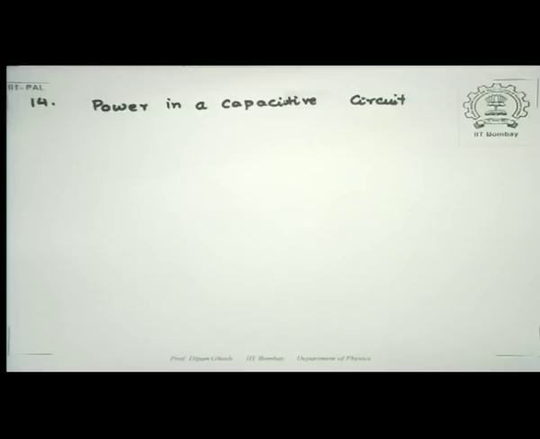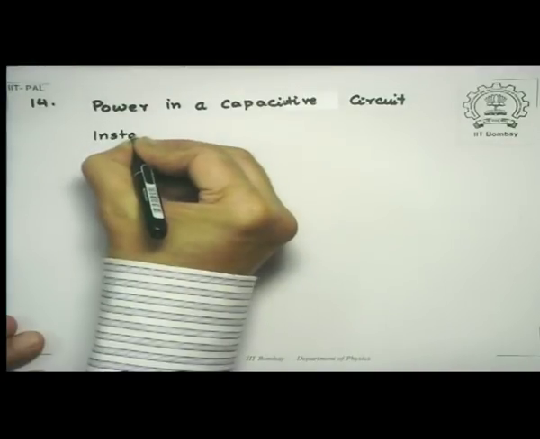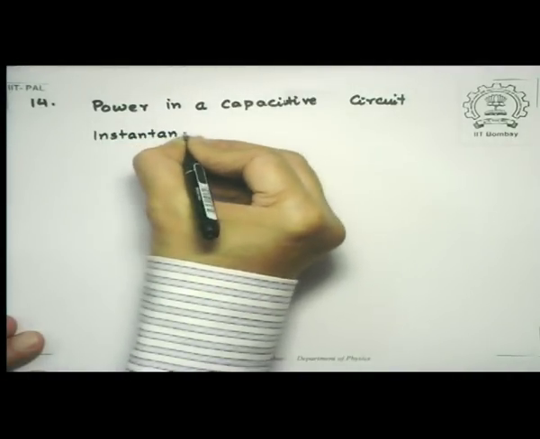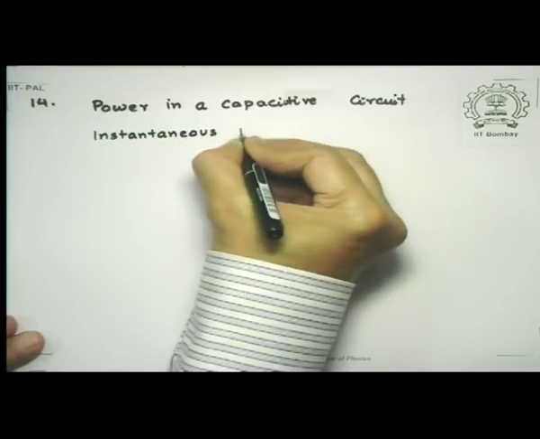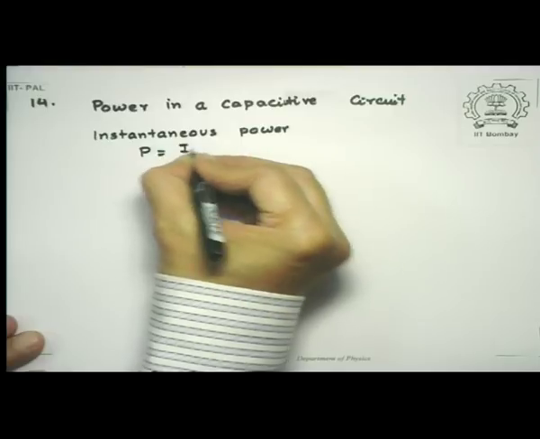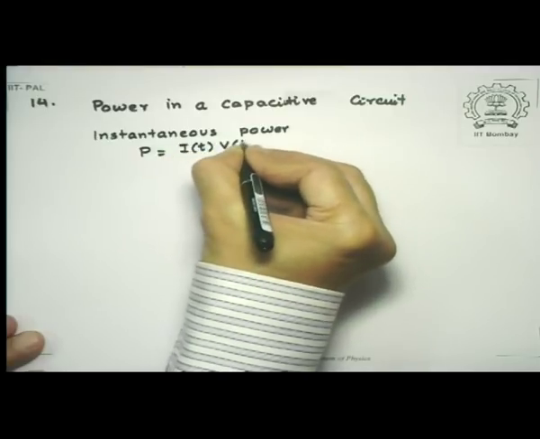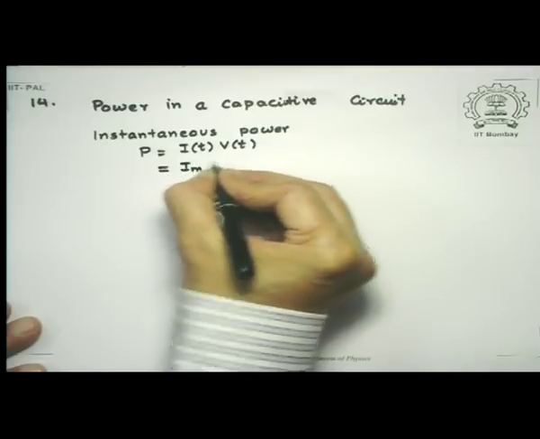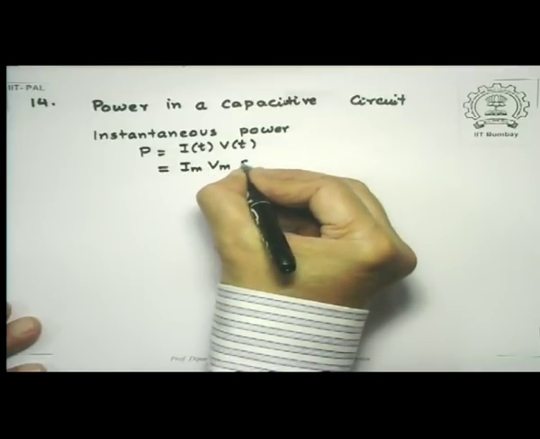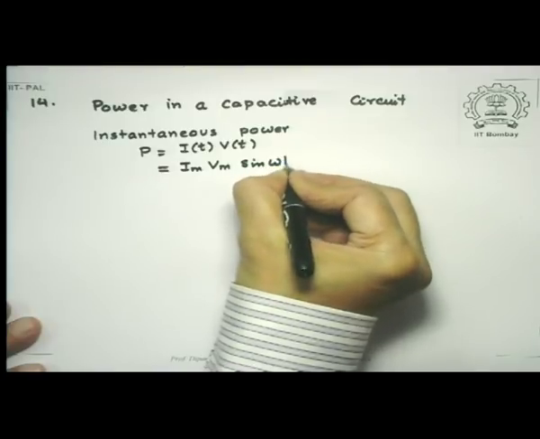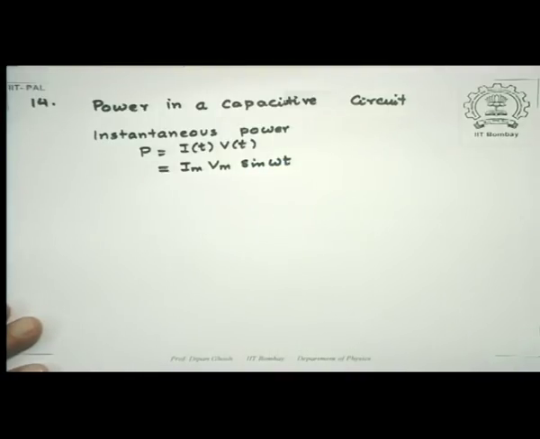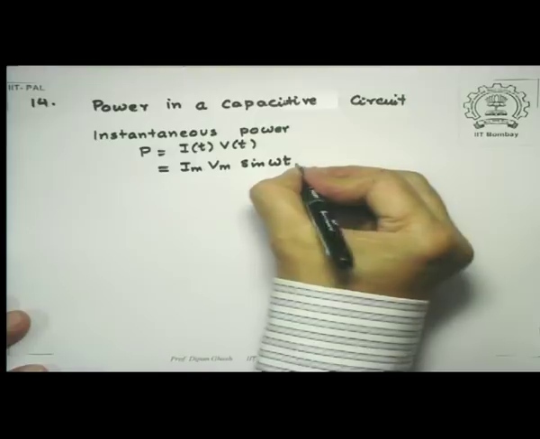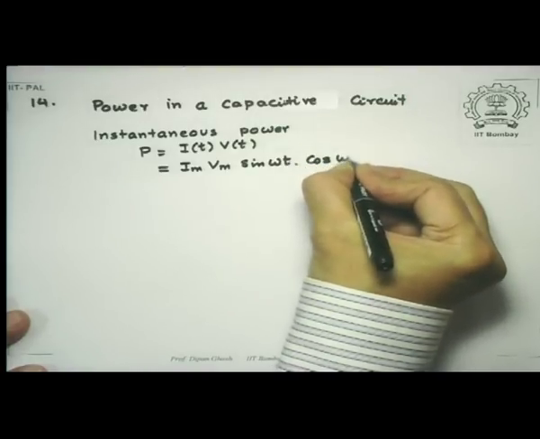So my instantaneous power, that's equal to I(t) into V(t), and that's equal to Im Vm. I had a sine omega t multiplied by sine of omega t plus pi by 2, which is the same as cos omega t.